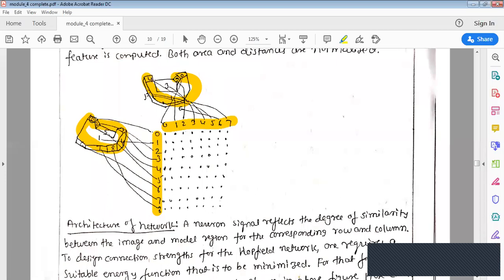If it matches perfectly, then 1 is given. If it does not match, 0 will be given. So 0 matches with 0, it is 1. 0 doesn't match with 1, it is 0. 0 matches with 2, it is 1. 0 doesn't match with 3, it is 0. Like this, you will be given the values.